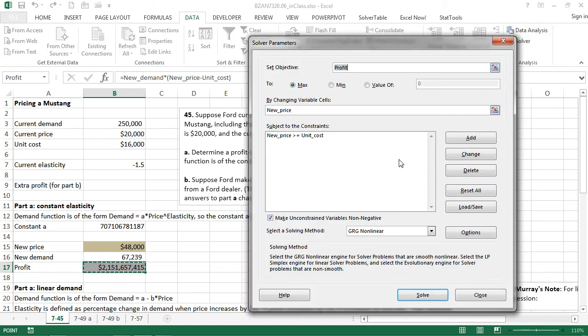There's no constraint other than the constraint on the decision variable, which is price. There's no resource utilization. We're not saying how much steel we have to make Mustangs. We're not saying how much freight we can ship Mustangs with. None of the other parts of the problem are involved here. The only thing we're looking at is price and how price affects demand.